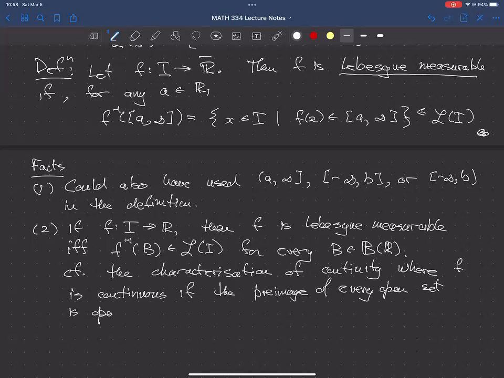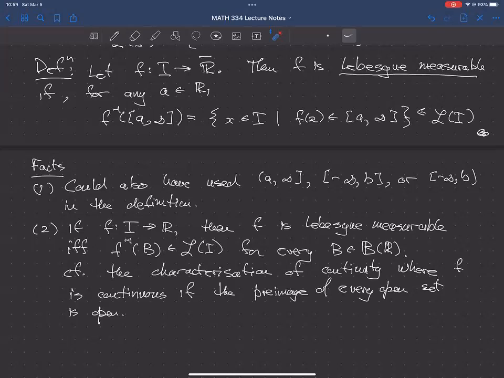Okay, so I'm assuming in your analysis course you saw that there are many characterizations of continuity, and this is one. The pre-image of every open set is open. This characterization of continuity bears quite a significant resemblance to this characterization of measurability.